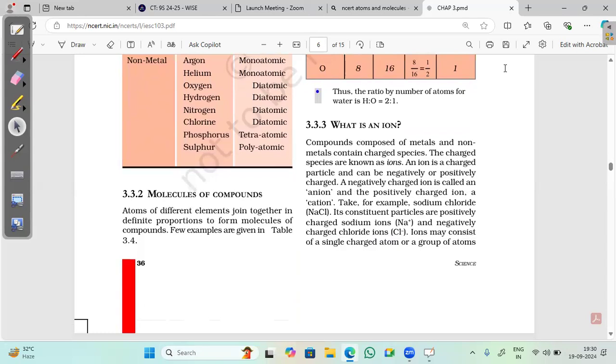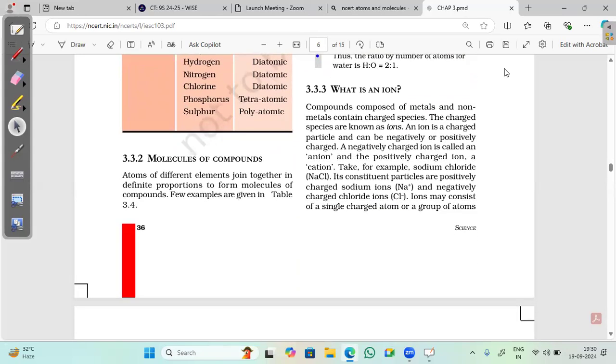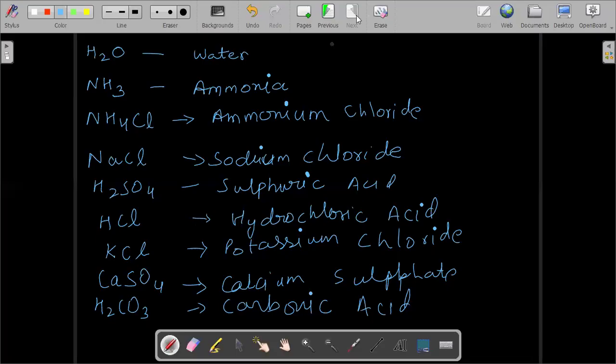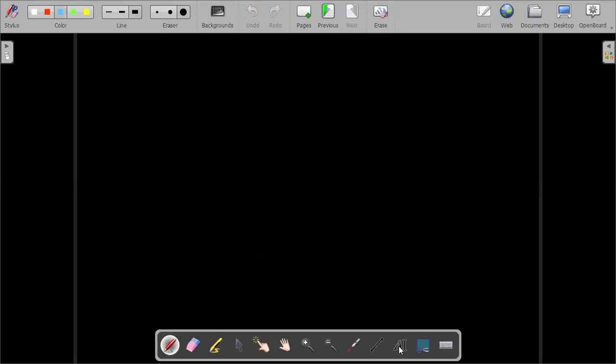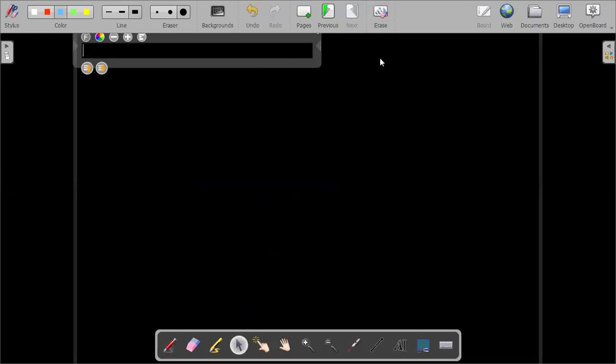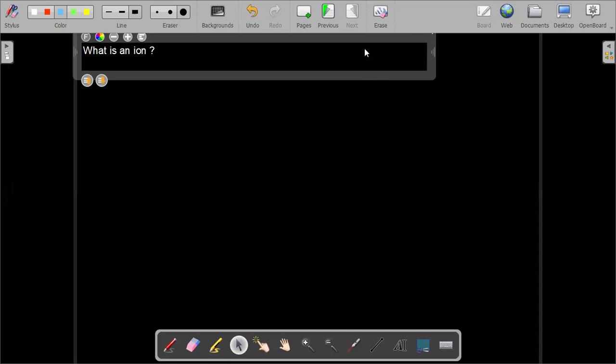Then the next is, what is an ion? We also need to understand what is an ion. So what is an ion? A charged atomic species.